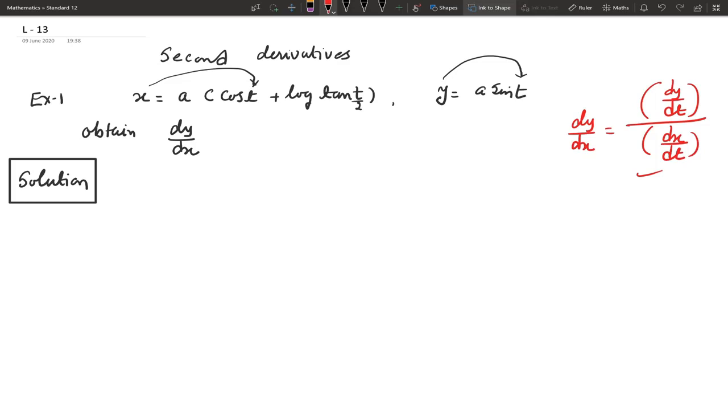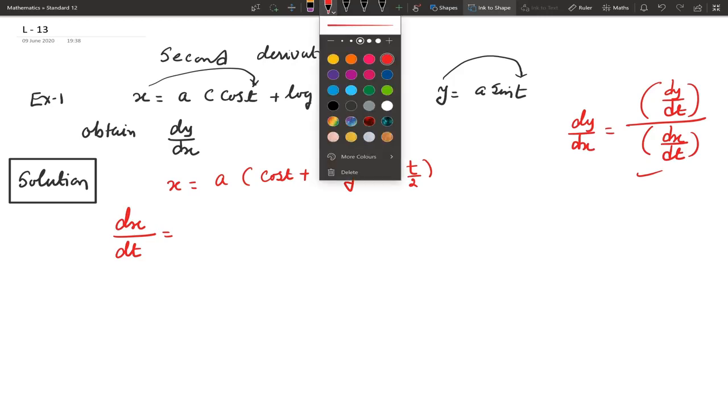So first we evaluate dx by dt. X is given, x equal to a into bracket cos t plus log tan t by 2. So dx by dt, x is a function of t.